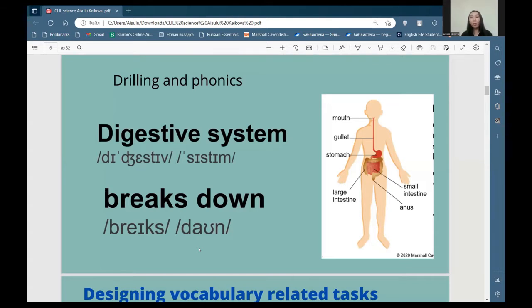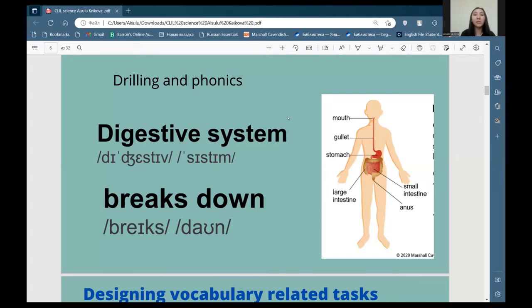It can be choral drilling, which means the whole class repeats after me. Then I can divide them into small groups and ask each group to repeat the words to check whether they have actually understood the idea. And then I may have individual drilling, where the struggling students can be helped with the pronunciation.